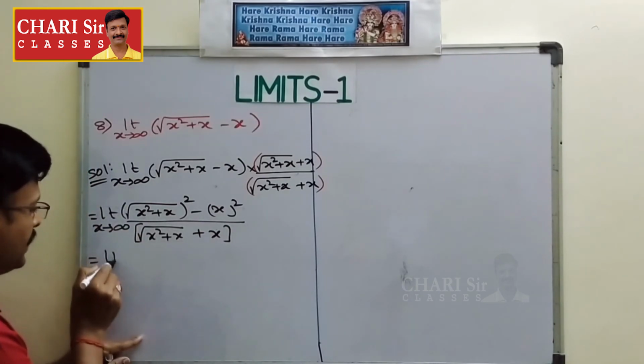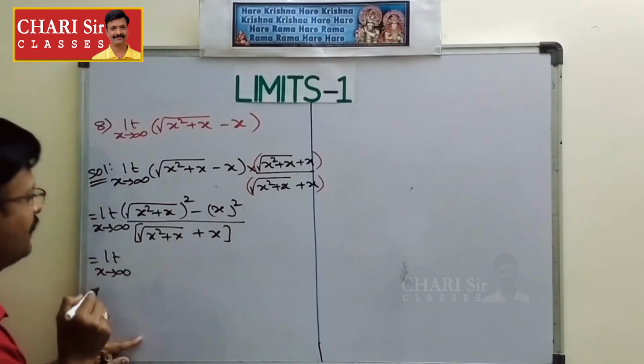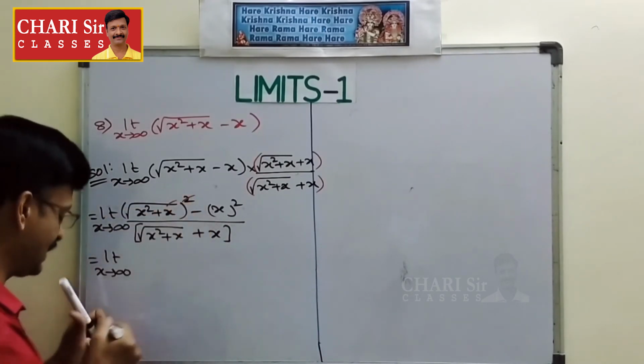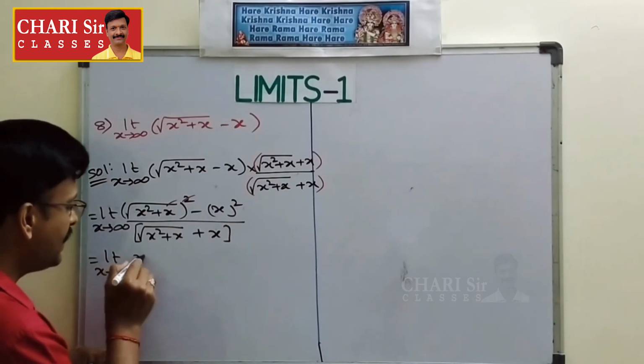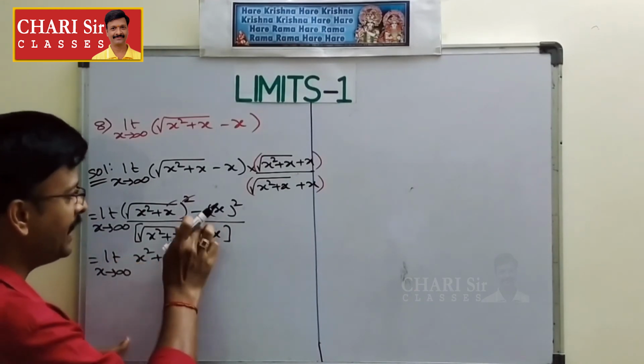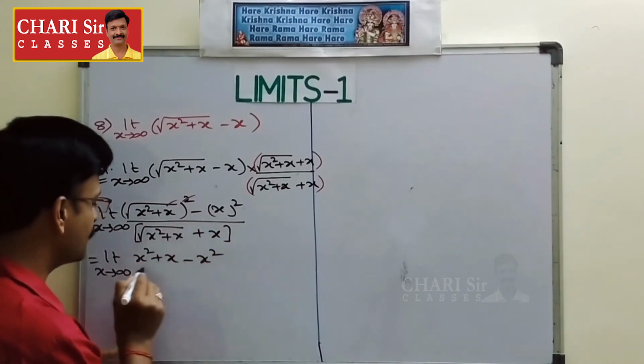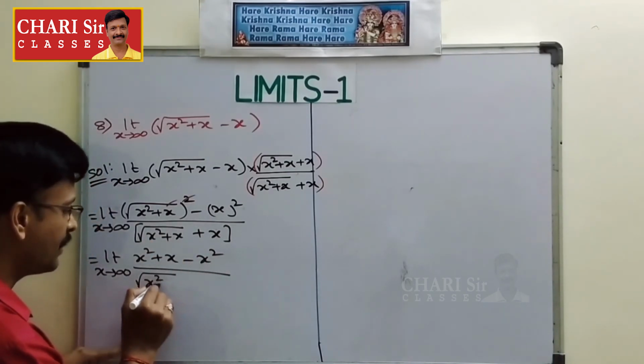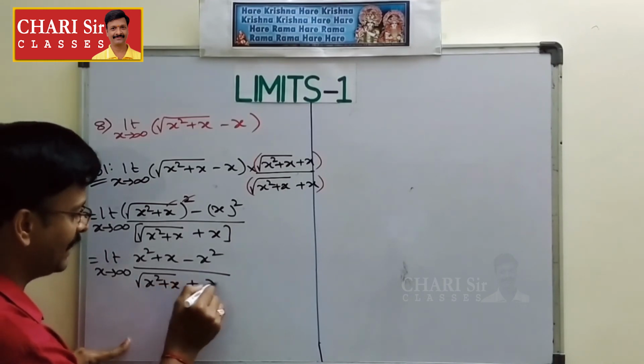Now limit x tends to infinity, the square and root will get cancelled, and the remaining terms are x square plus x minus x whole square, that is x, divided by root of x square plus x plus x.